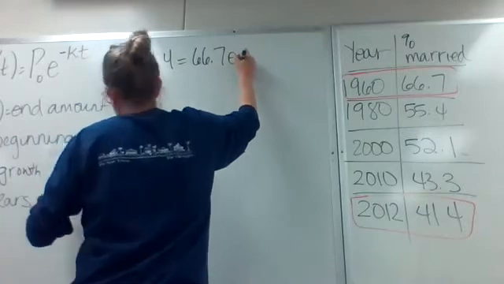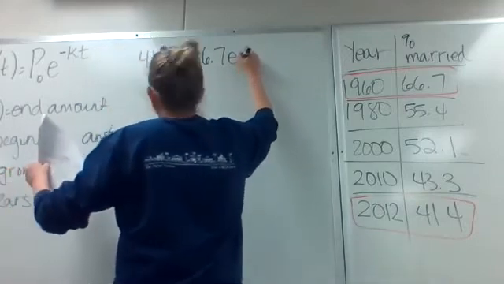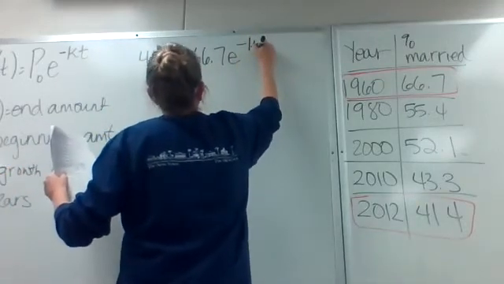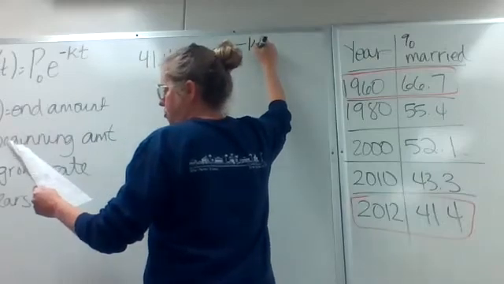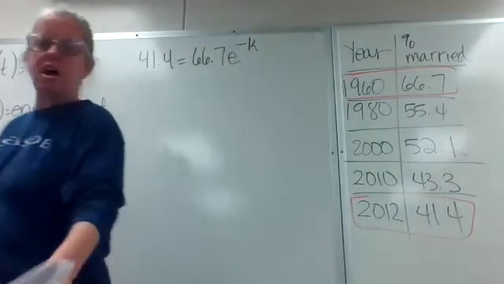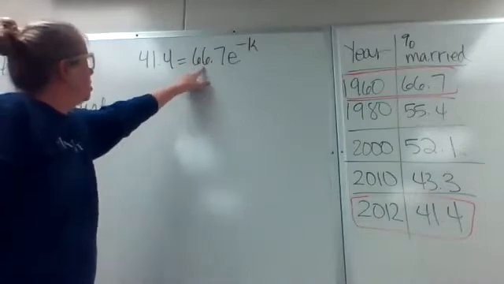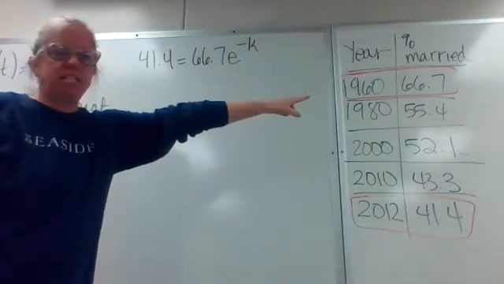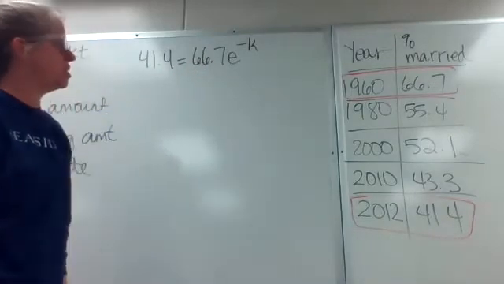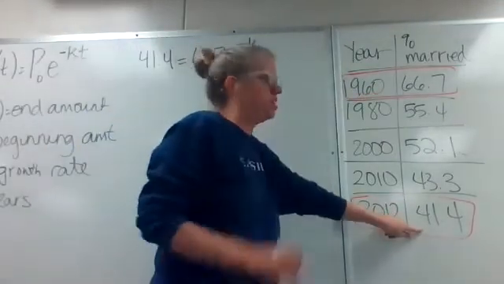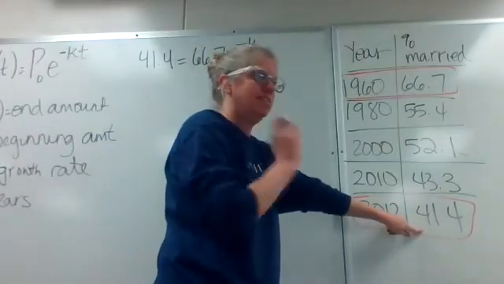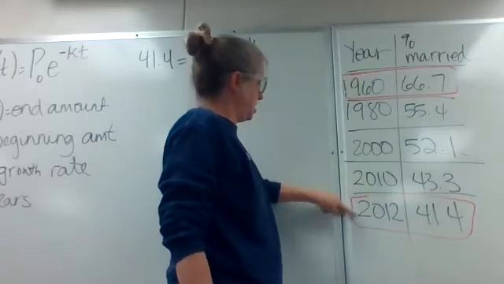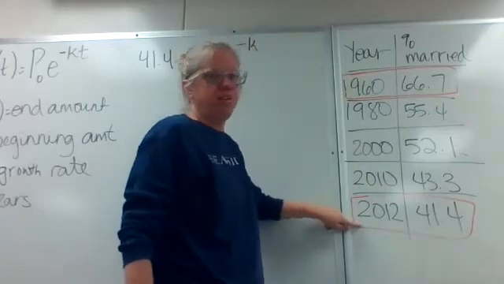E to the negative K, I don't know the rate, but I do know the number of years that it took for it to go from 66.7 to 41.4. How many years did it take for that to happen? 52.